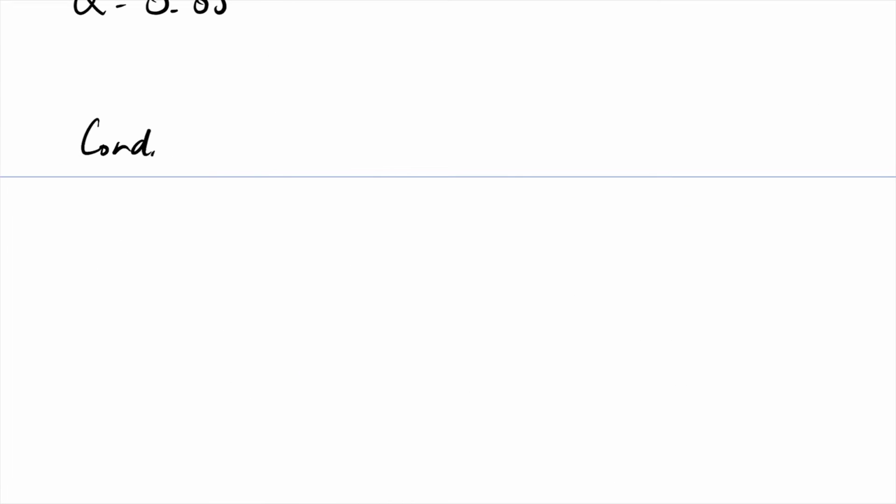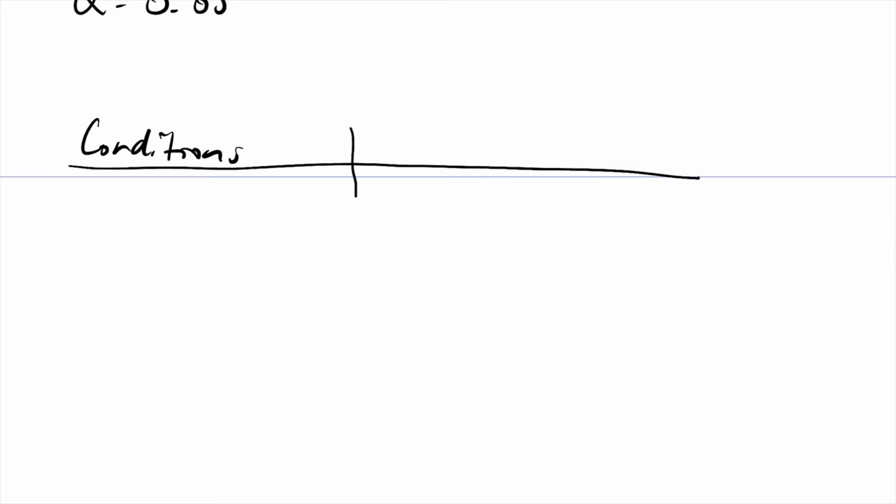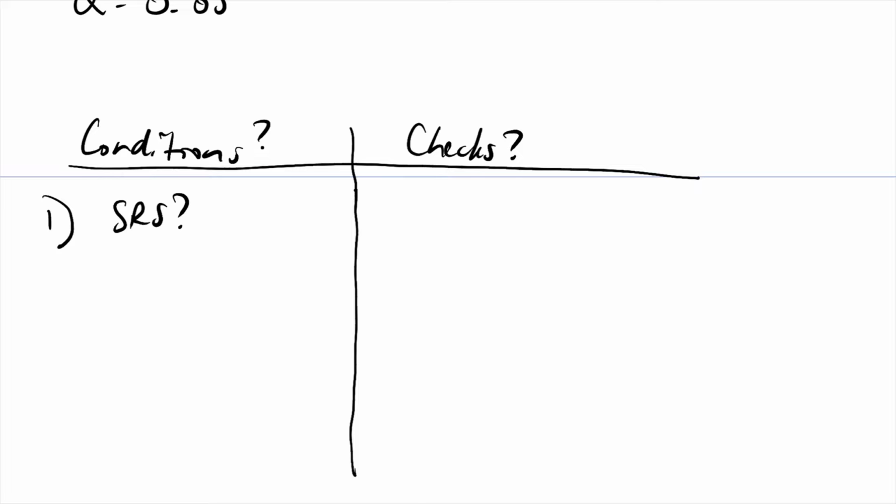There are three, but here's the thing about them: two of them we can lump into one. So the first one, SRS.